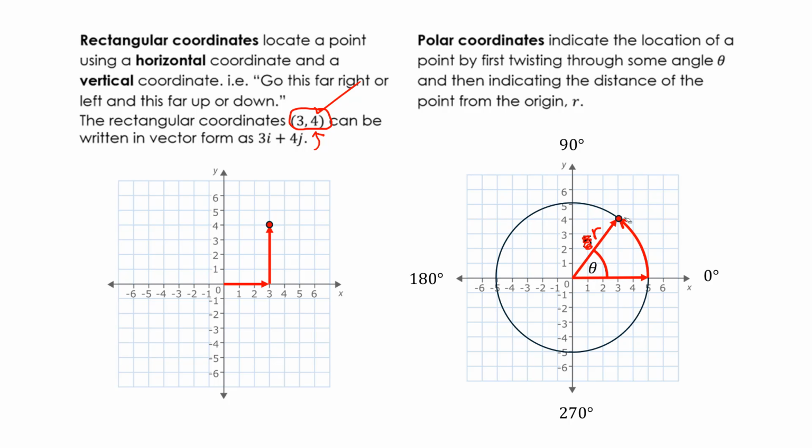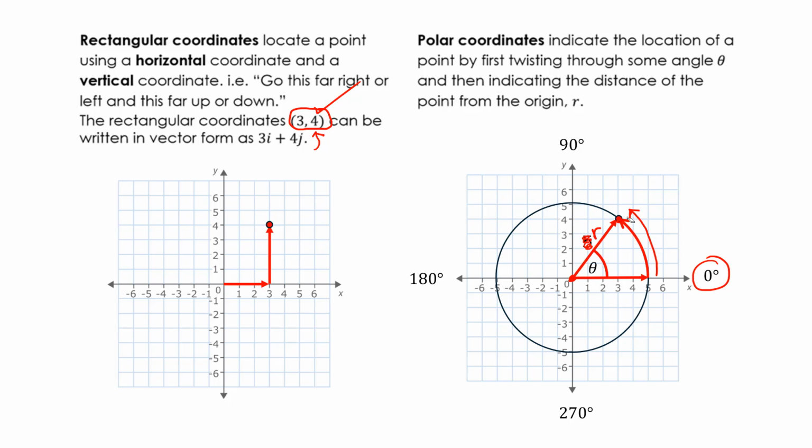So to get to that point, you think of it as, first of all, rotating a certain number of degrees from 0 counterclockwise. And then how far out do you go from the origin? Distance.